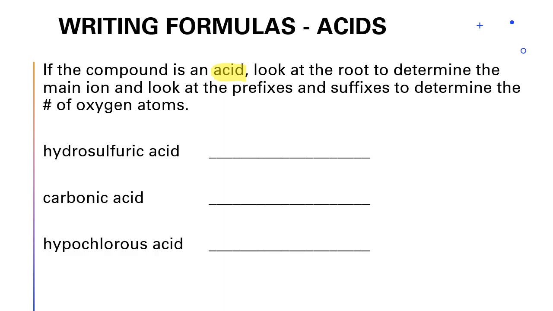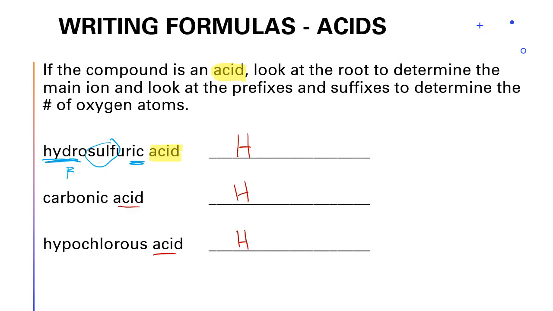So let's see, we've got hydrosulfuric acid. When we see that word acid, we know that it will start with the element H. Anything that has acid will always start with H. That's the feature of acids. So then we're going to look at the prefixes and suffixes and the root to determine the rest. This one is a hydro with a stem and an ic.